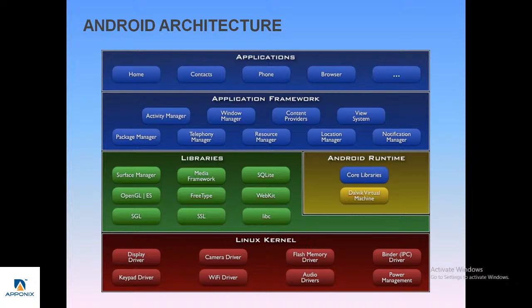And the media framework is mainly for images. We are using different types of images, PNG formatted images, JPEG, JPG, or GIF, and different types of audios and videos, like MP3 and MP4.